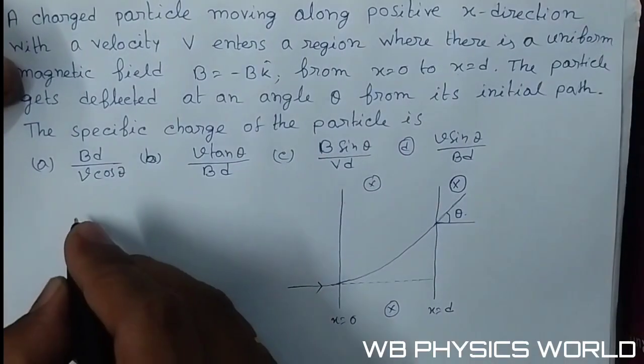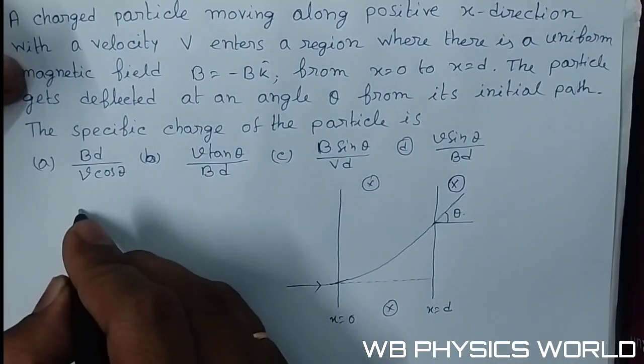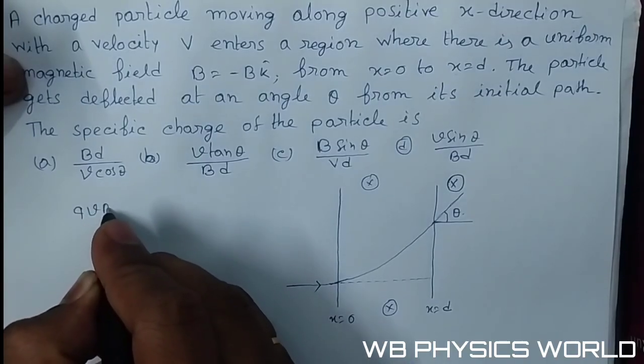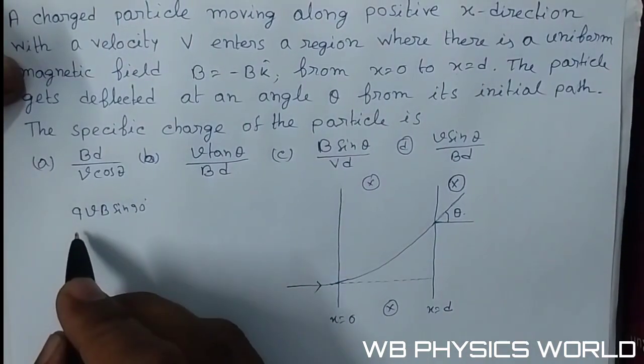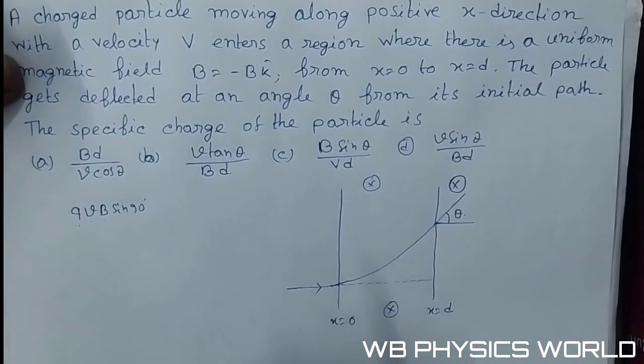Now the magnetic force on the particle is q v B sin 90. Here q is the charge of the particle, v is the velocity and B is the magnetic field.